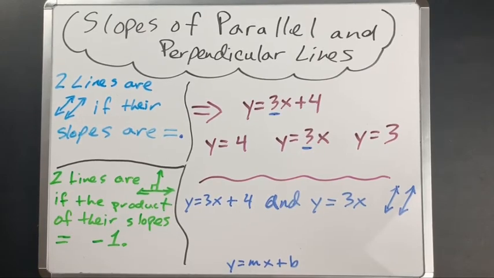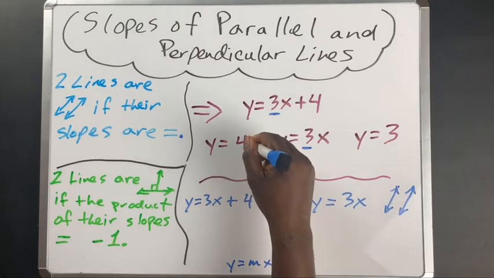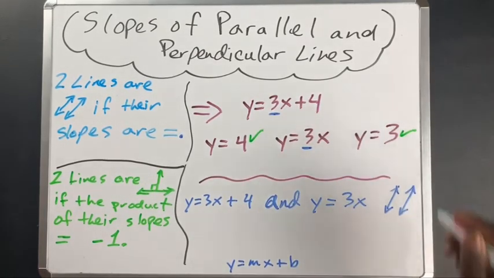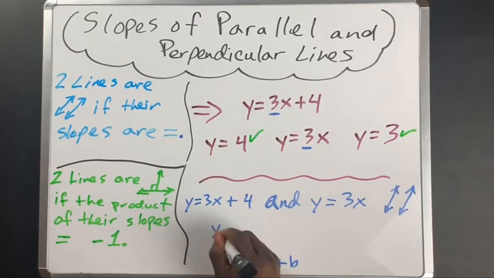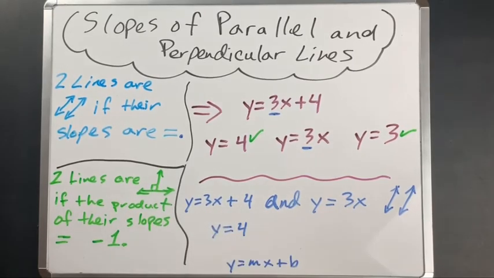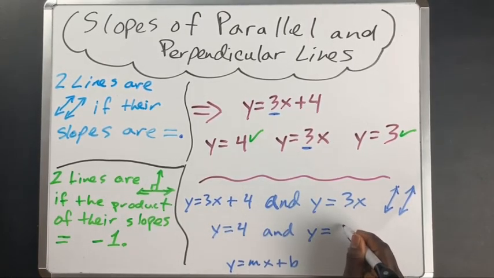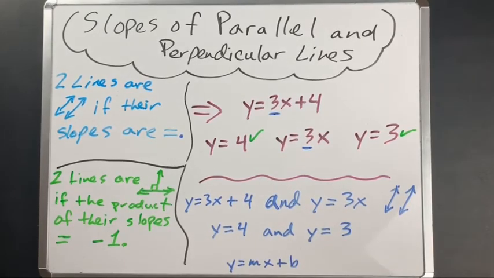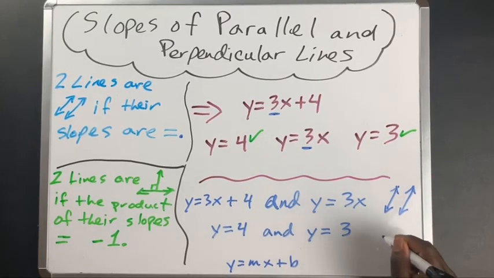So these two lines are parallel, they're horizontal: y equals 4 intersects the y-axis at 4, and y equals 3 intersects the y-axis at 3.